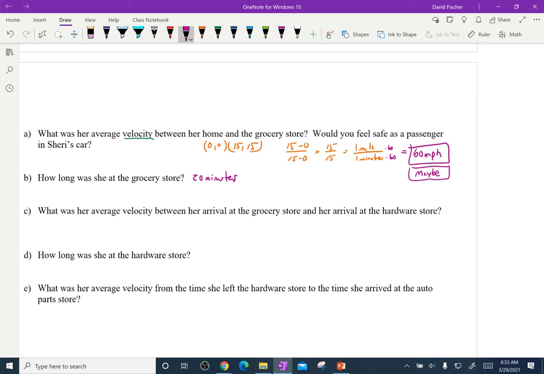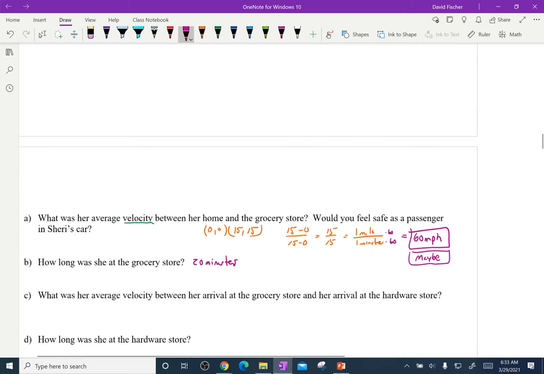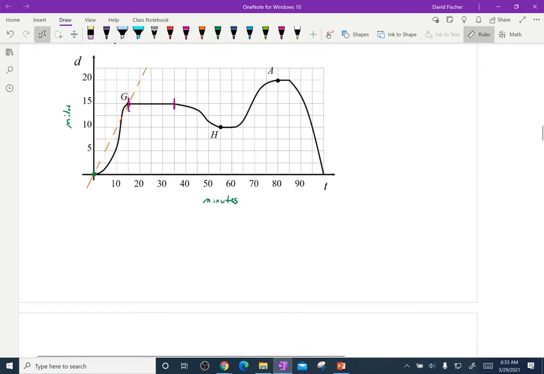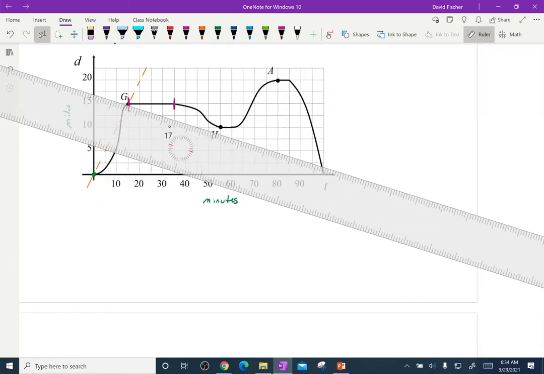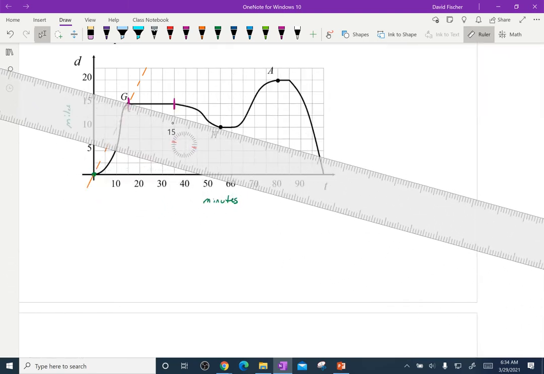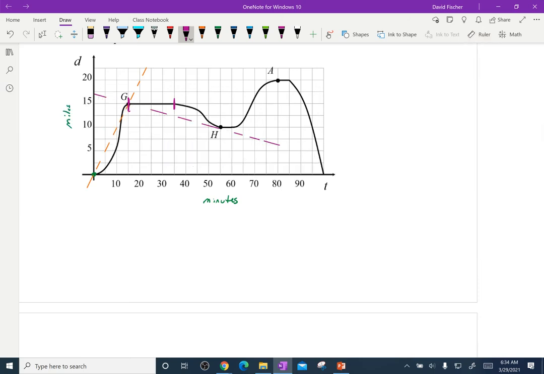Okay. What was her average velocity between the arrival at the grocery store and her arrival at the hardware store? Let's get our ruler out again. Her arrival at the grocery store, not when she left, and her arrival at the hardware store. So we're looking for her average rate of change. She was at the hardware store for 20 minutes, which is interesting that we factored in, because that has nothing to do with her speed.